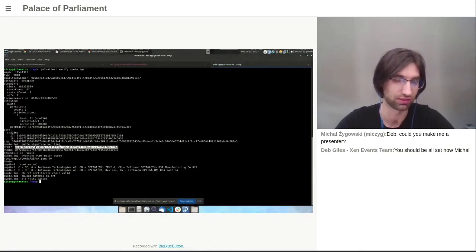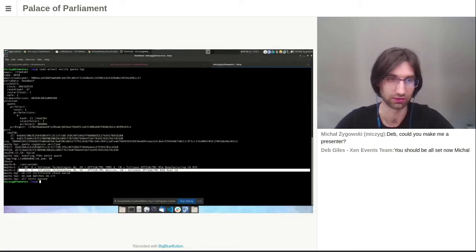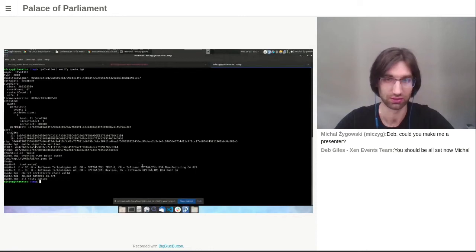As we can see, they do. And then we validate the endorsement key certificate against the certificates of the TPM vendors. And we see that we have matched the Infineon Optiga TPM 2.0 certificate, which is valid because we use Infineon TPM 2.0.